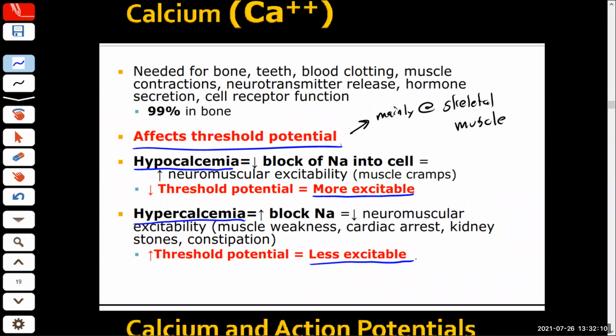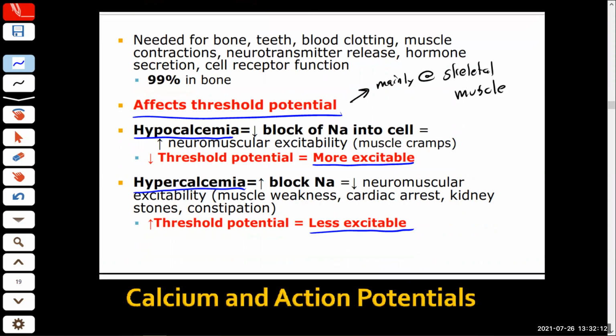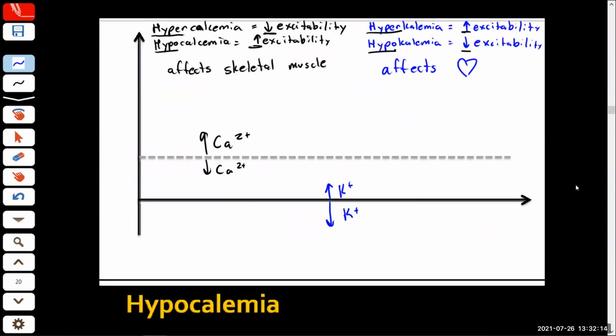If I eat the banana, is that going to change my calcium or my potassium? Potassium. Now, eating that banana, is that going to raise or lower my resting? What happens to excitability? Increases.